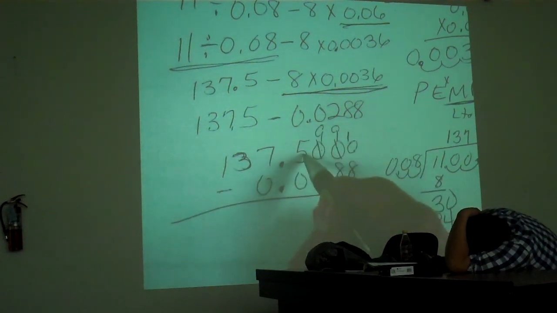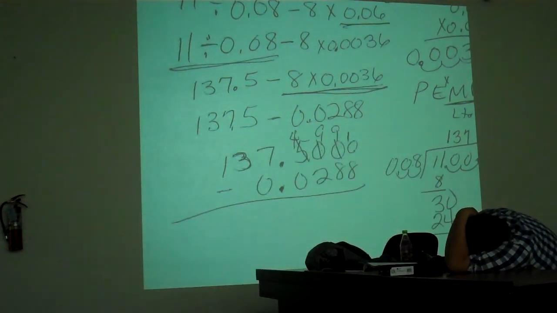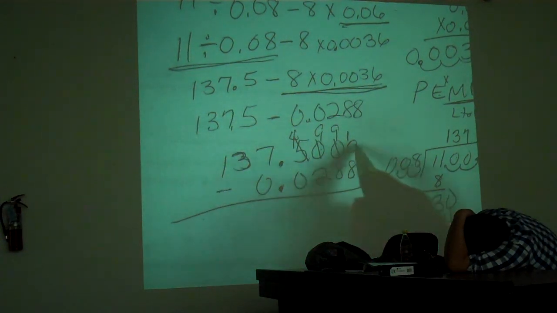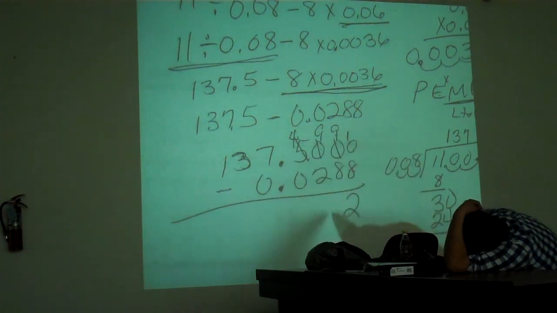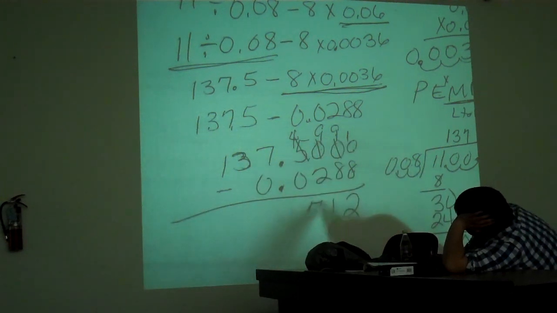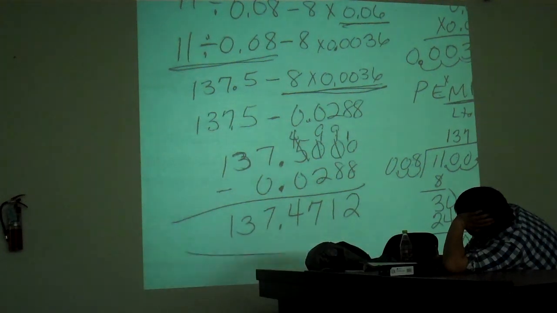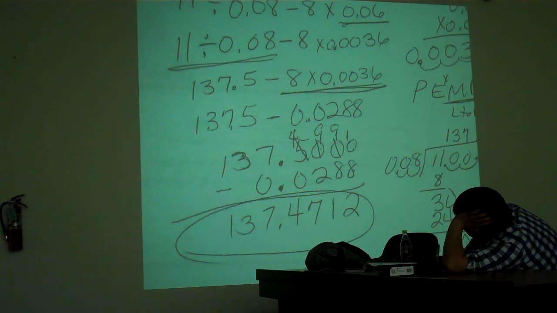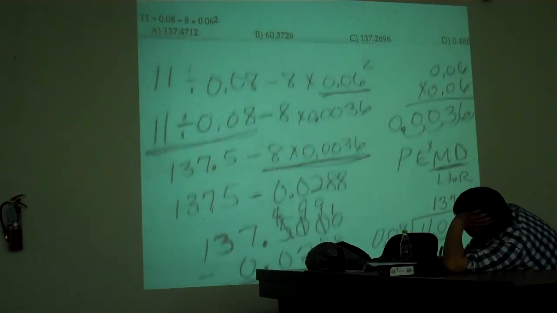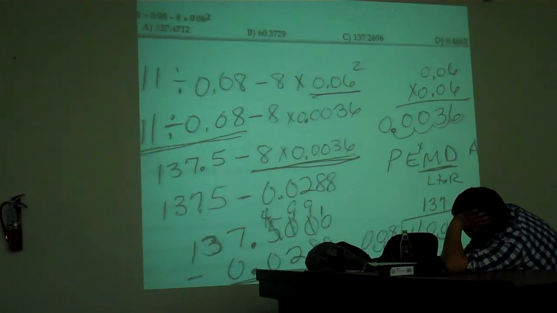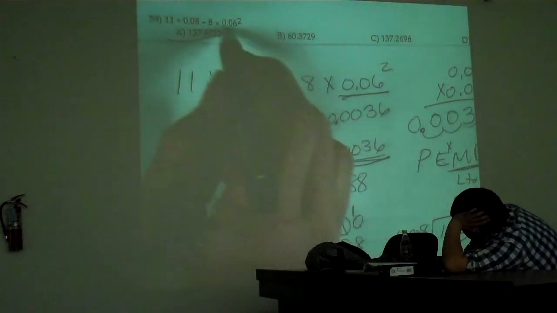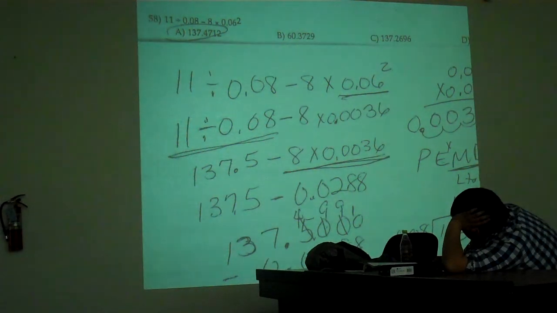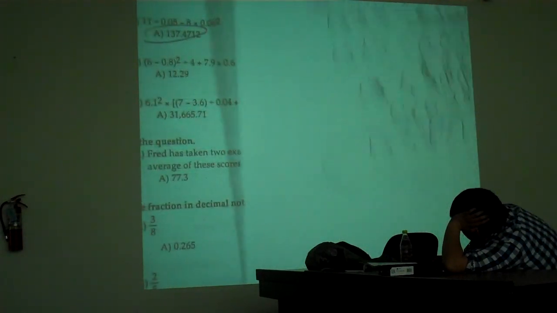We borrowed, so this one is 4. 10 minus 8 is 2, 9 minus 8 is 1, 9 minus 2 is 7, 4 minus 0 is 4. So there's your answer right there: 137.4712. Okay, that should be one of the answers there, which is A.